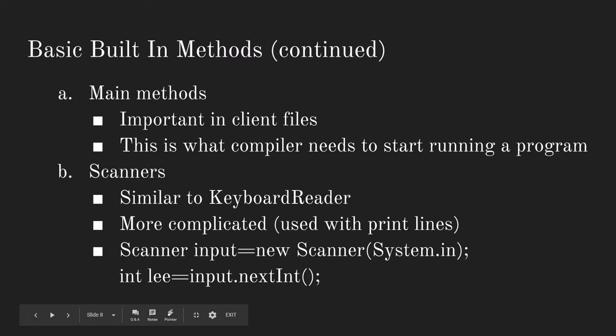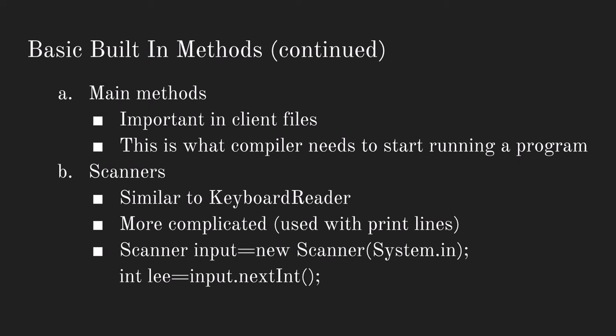The main method is extremely important, and it's always used in client files or runner files, which you will be getting to later when you program the assignments using Eclipse or JCreator. This is very important because this is what the compiler needs to start running a program.